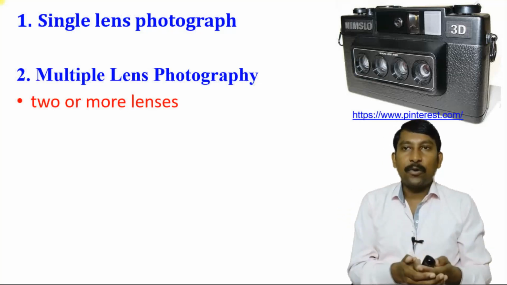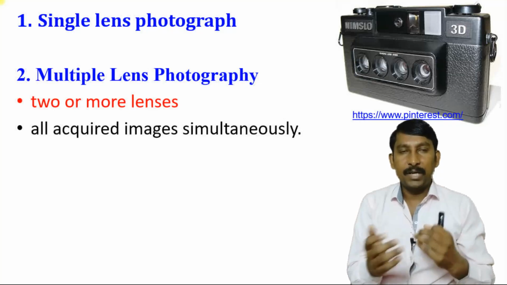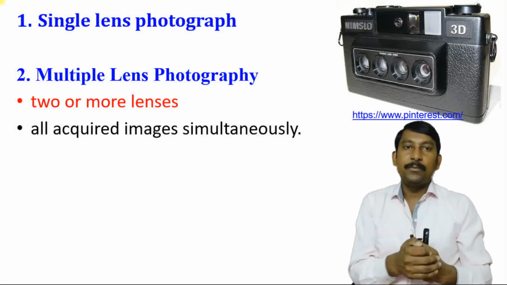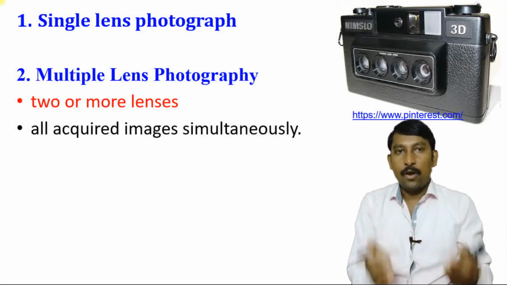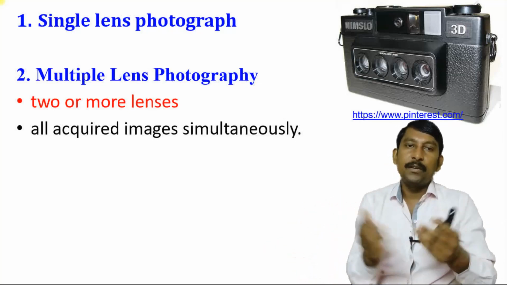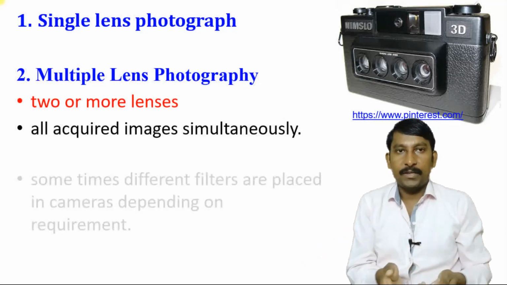In multi-lens photographs, all images are acquired simultaneously, and some photographs are vertical and some are oblique. Not all photographs in a multi-lens camera can be captured as vertical or as oblique.